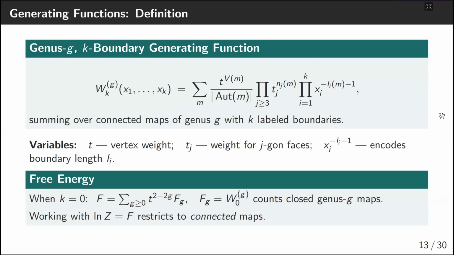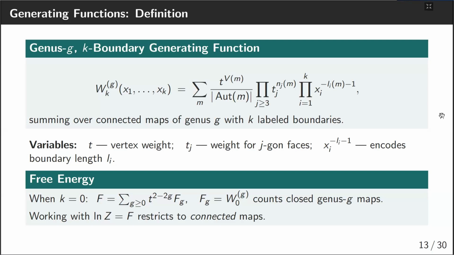And then x_i to the power l_i minus 1 encodes the boundary length l_i. We also take a product over the faces and then over the boundary lengths.